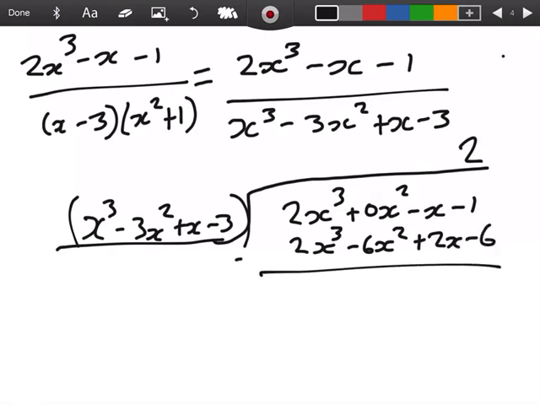And then we take away all of that, those cancel out, that becomes 6x squared minus 3x and then is that plus 5? Yes.